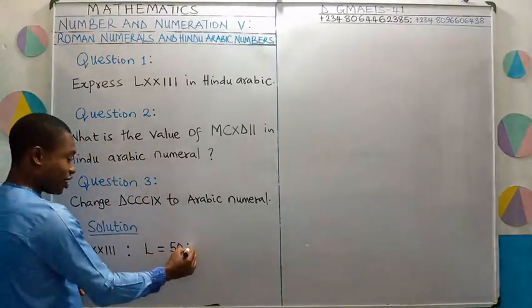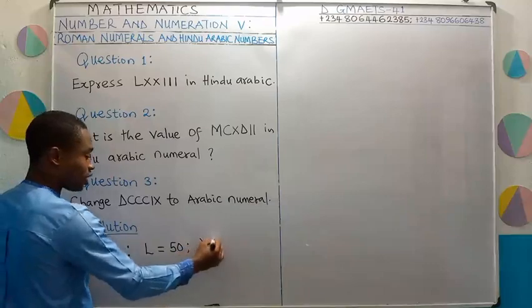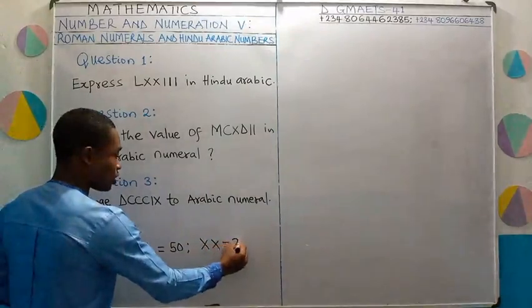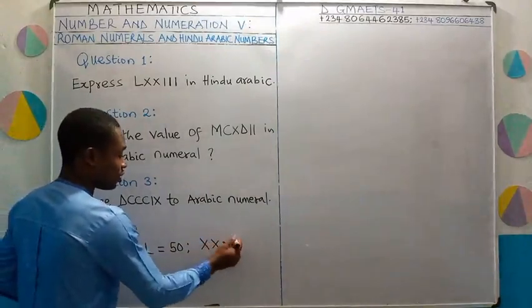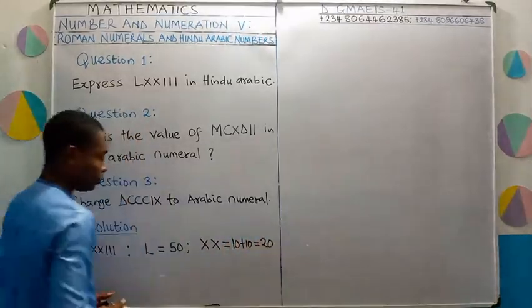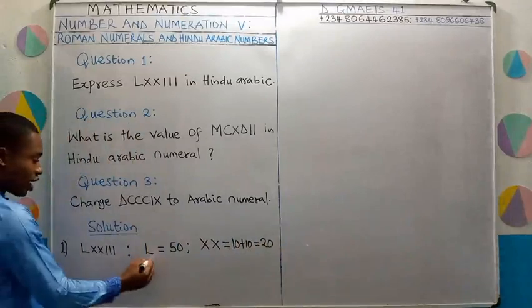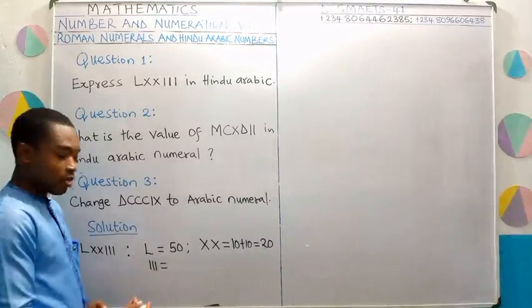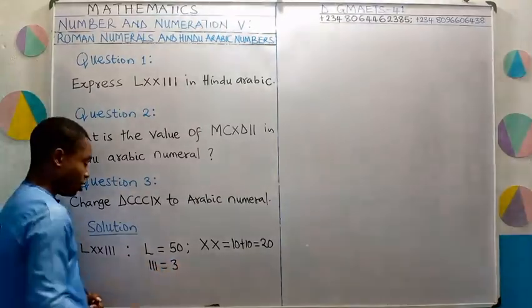Now, the next we have there is XX. I'm going to put them together. All right. XX is equal to 20. Of course, that's 10 plus 10. So let me just work it out. 10 plus 10, which is equal to 20. And then we have I. Triple I in Roman numeral is equal to 3.